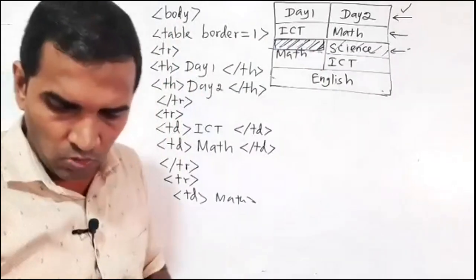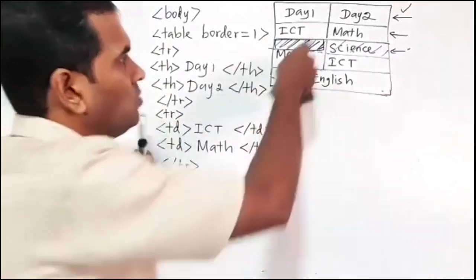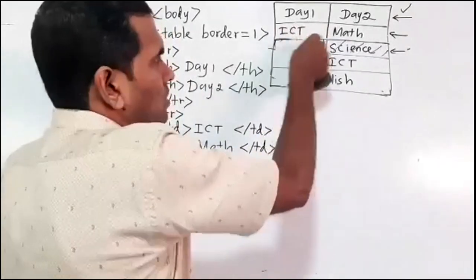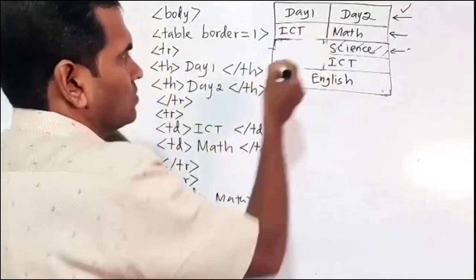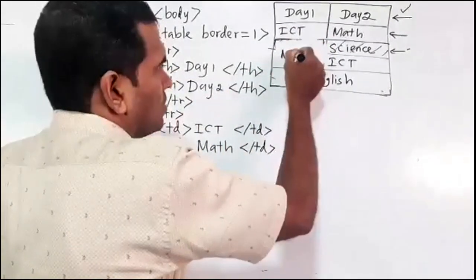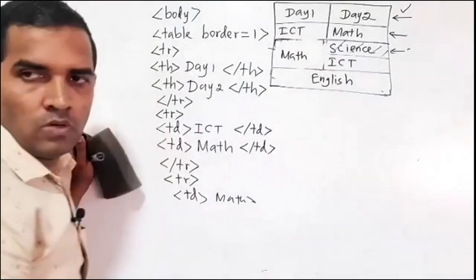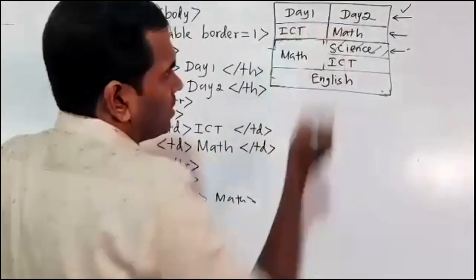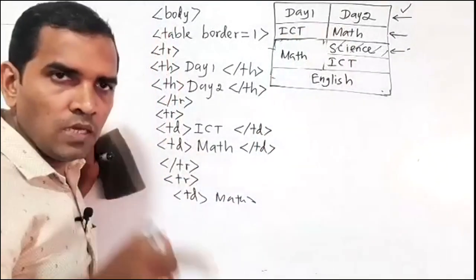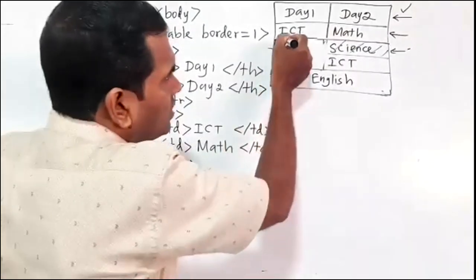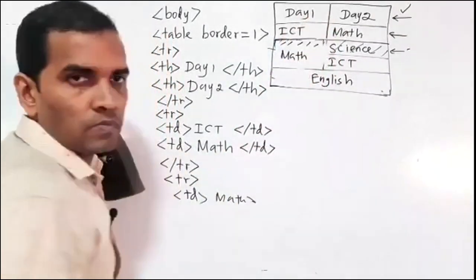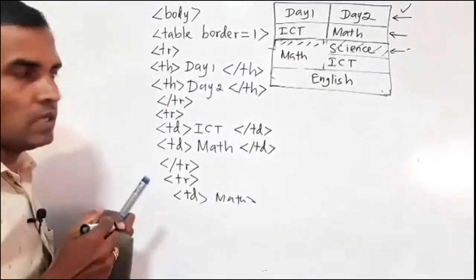But look at that output. We don't want such output. We want maths in both cells. But what is the cell being created now? We are creating the top cell. So what is the idea now?